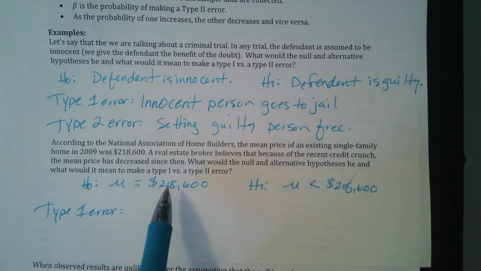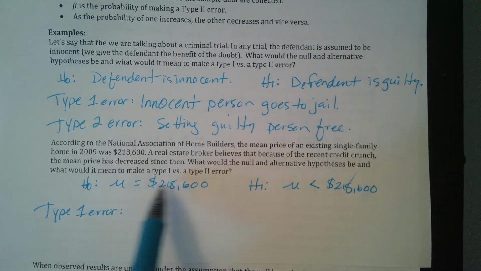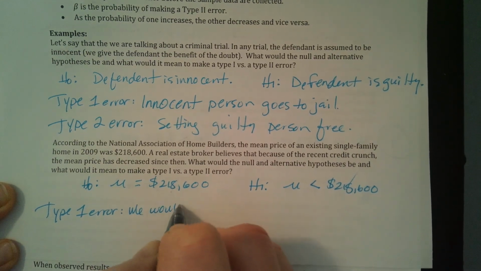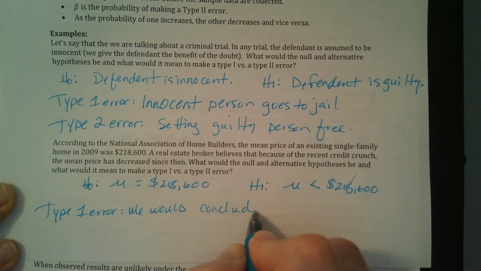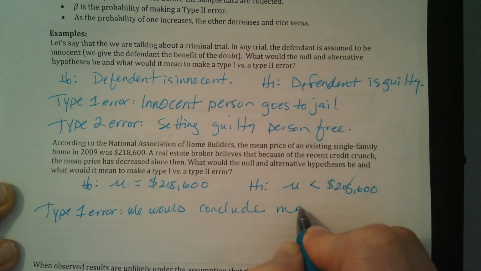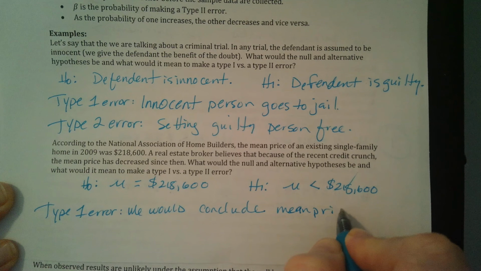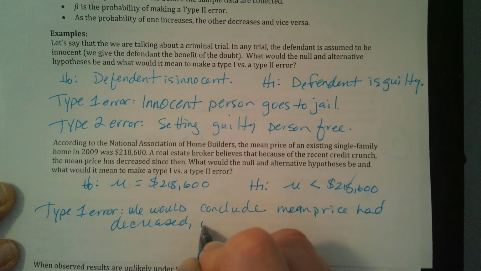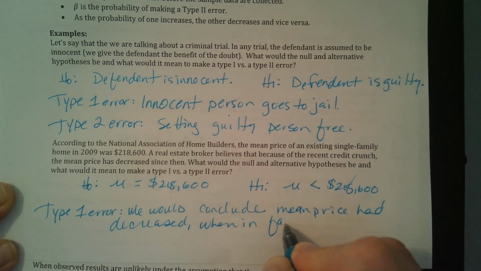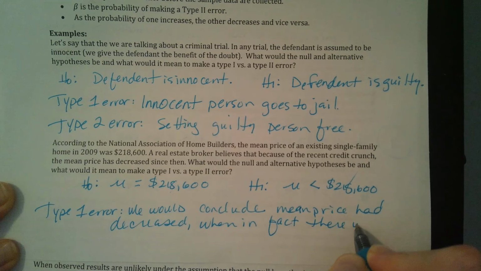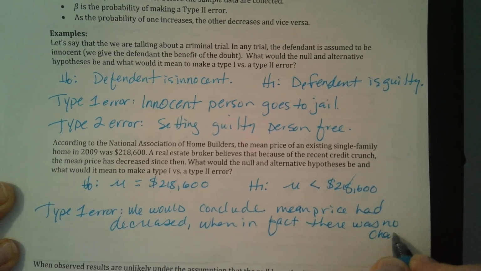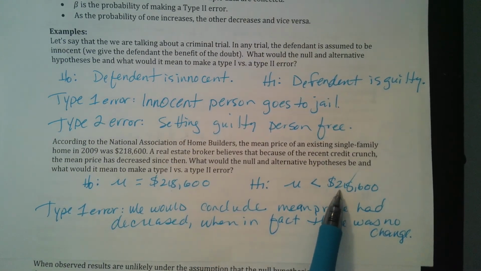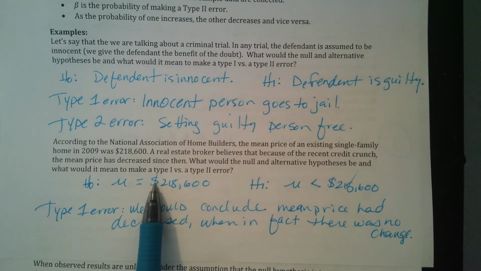So we would conclude that the mean price had actually decreased when in fact it was still $218,000. So, in other words, we would conclude that the alternate was true when in fact the null had never changed.